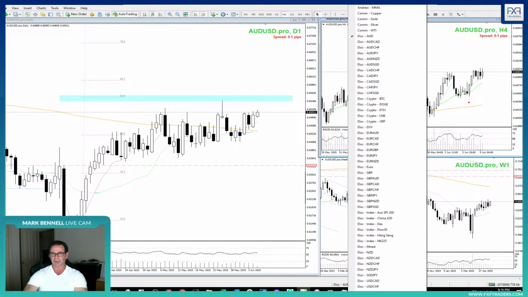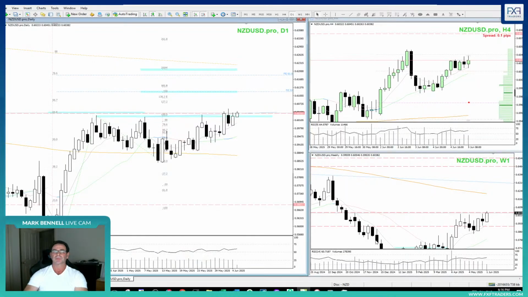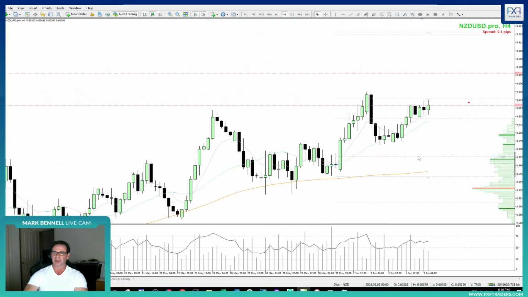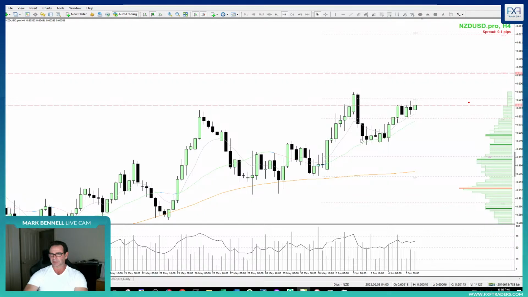Okay, New Zealand dollar. So we liked this yesterday as well. Still testing this level. Still testing that inverted head and shoulders. Look, just gingerly sort of into it, isn't it? Got the bear sandwich again. New Zealand and Aussie often perform the same. We spoke about this structure here.